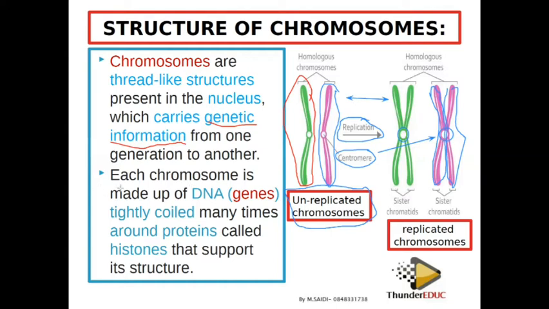Okay, so the next point is each chromosome is made up of DNA genes. It's made up of DNA genes that are tightly coiled many times around proteins. These proteins are called histones that support its structure. Okay, so chromosome nganye is made up of DNA genes.